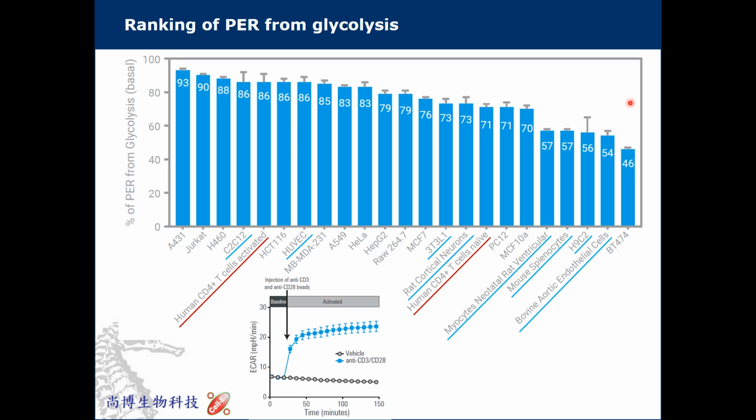So when do you use the glycolysis stress test and when do you use the glycolytic rate assay? Let me put it more simply. If you just compare one cell line under different conditions, it is fine to do the glycolysis stress test because you are comparing the same cells.